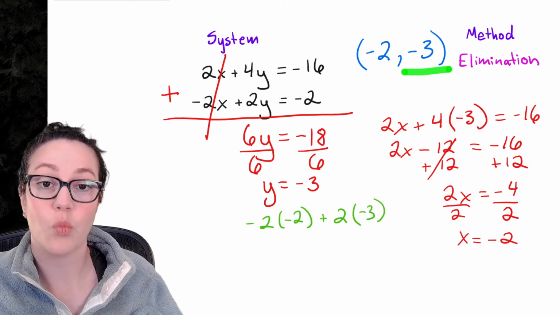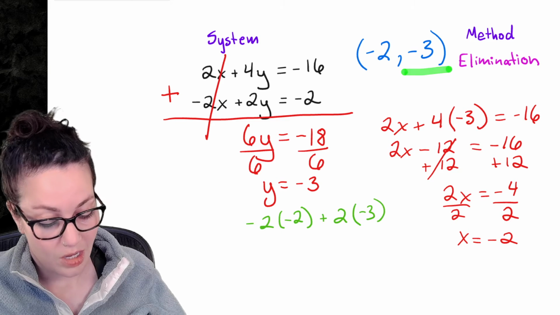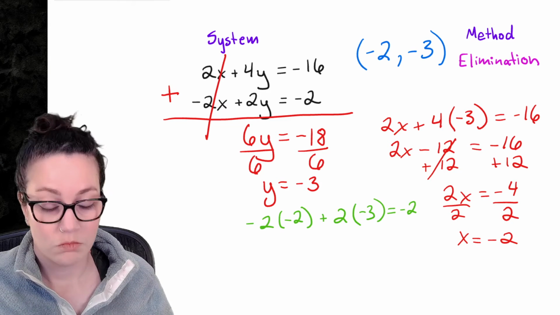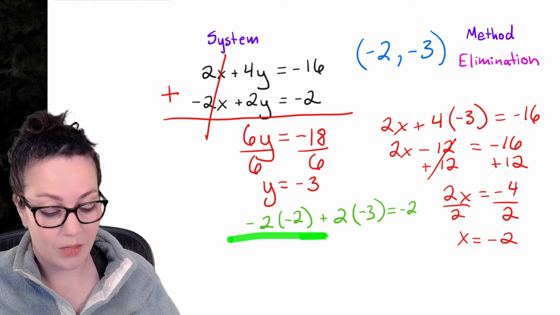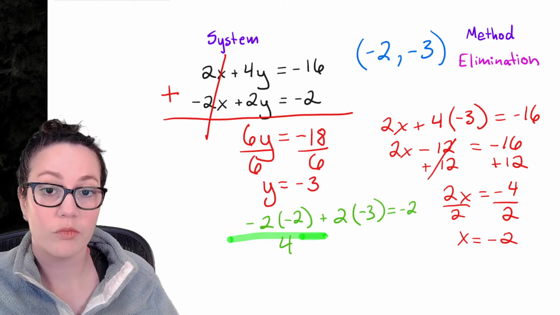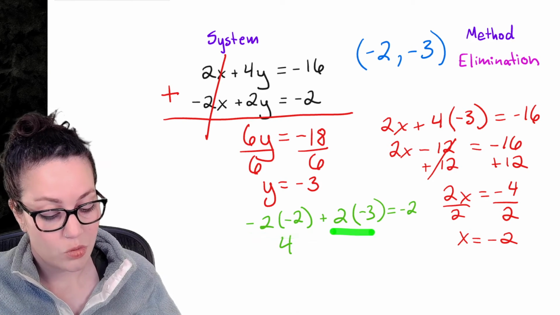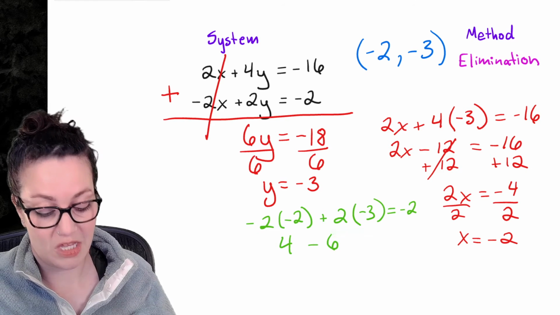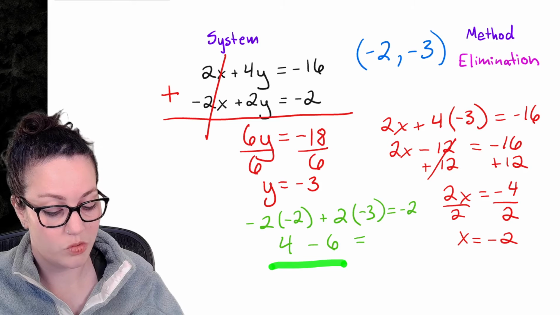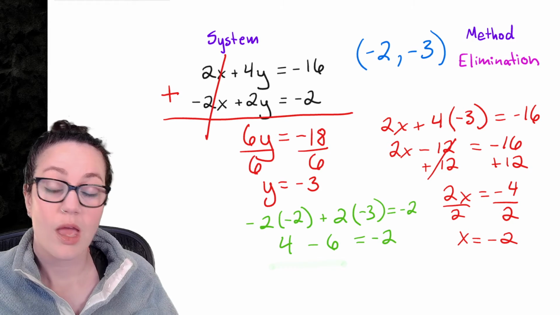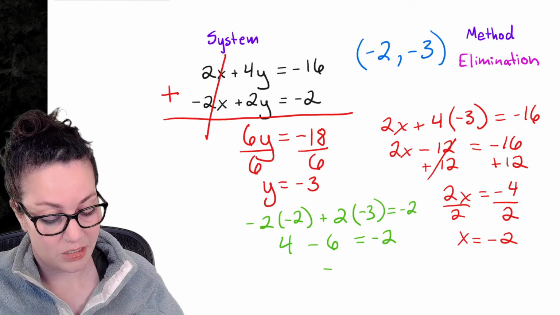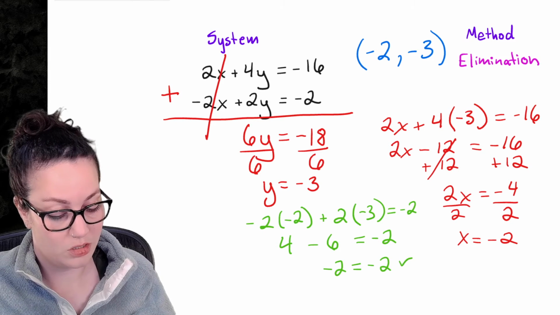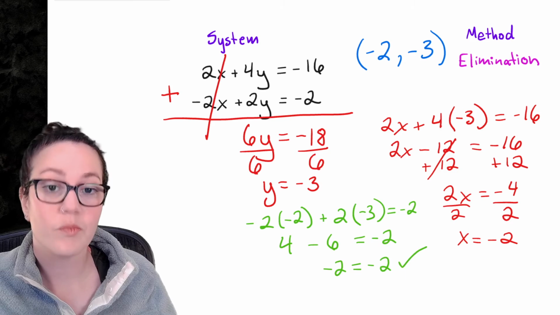That's what we found for y. And that should all equal -2. So -2 times -2 is +4. 2 times -3 is -6. So we'll make that 4 minus 6 equals -2. And then 4 minus 6 is indeed -2. So it checks out. Our solution is good to go.